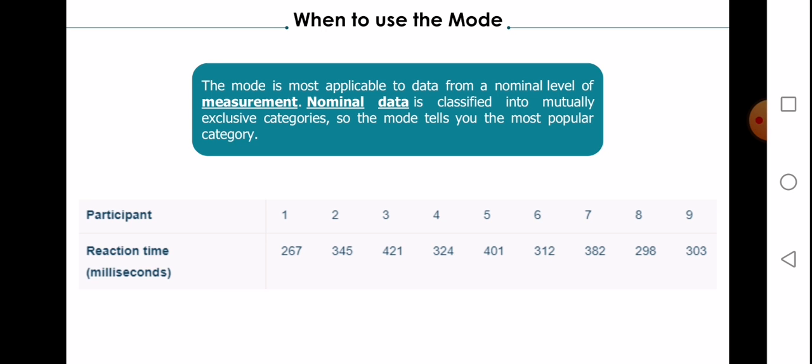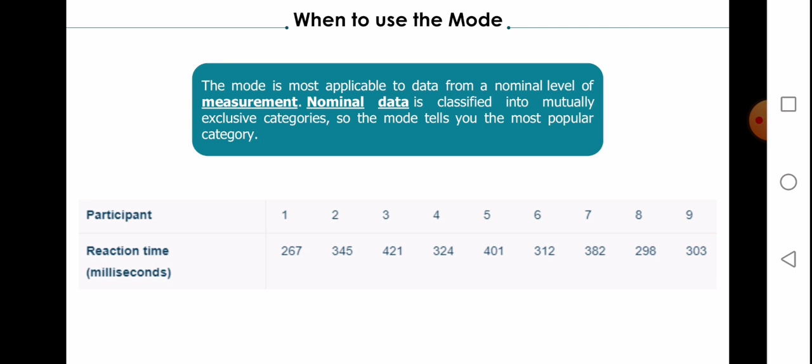Okay. So when do we use the mode? The mode is most applicable to data from a nominal level of measurement. Nominal data is classified into mutually exclusive categories, so the mode tells you the most popular category.